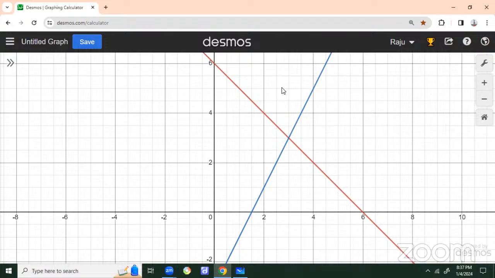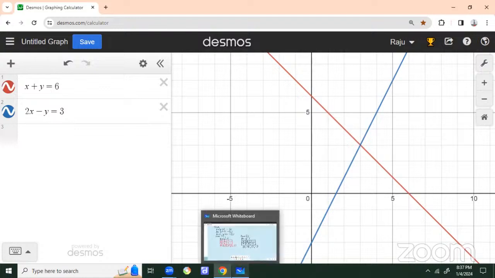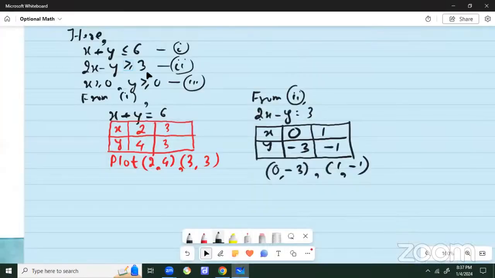Okay, we forgot one thing here. We have to figure out the solution region for both of them, right? So, taking the testing point 0, 0 here. If we test on the first one, take testing point 0, 0 and put it over here.